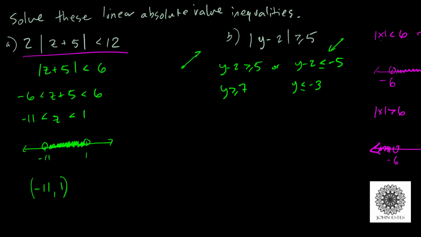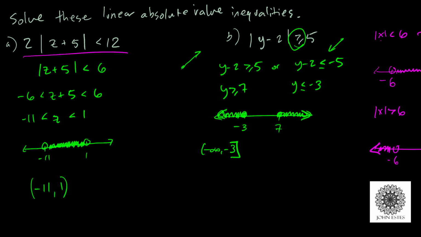Okay, and if you look at the number line here, I have negative 3 and 7, and both of these are included. And the first one says greater than or equal to 7, so I'm going out this way. And the other one says less than or equal to negative 3, so I'm going back that way. Okay, so to talk about these two things at the same time, the first one, I'm going from negative infinity to negative 3, and the negative 3 is included. And how do you know that?